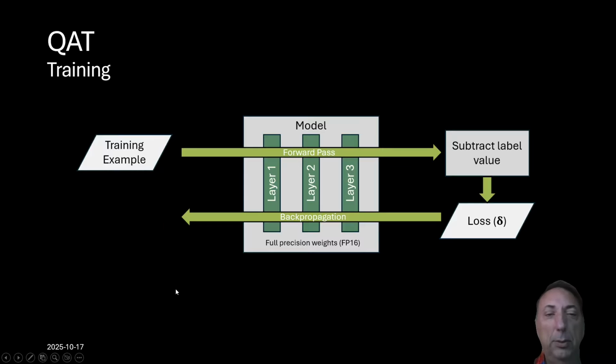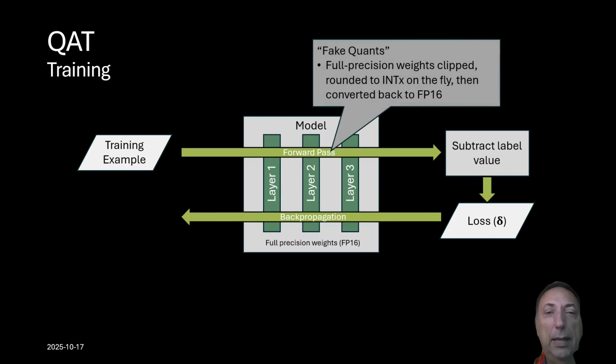And so this is the standard regular training. You run your training example through your model. This is called the forward pass. Compare it to the label value, get a delta, and run that loss backpropagation through. The difference here is that when we do our forward pass, instead of using the full precision weights, we quantize them on the fly and use quantized versions of the weights.